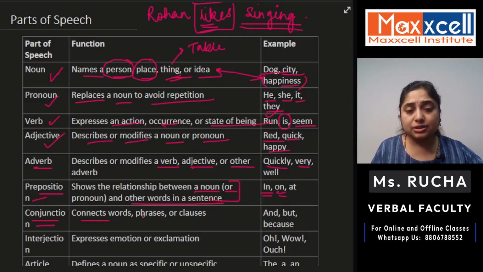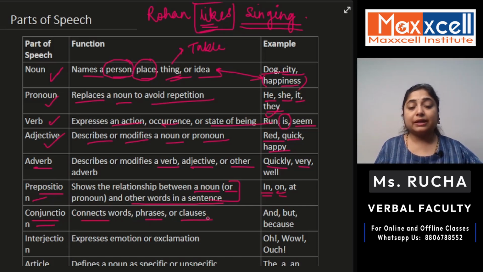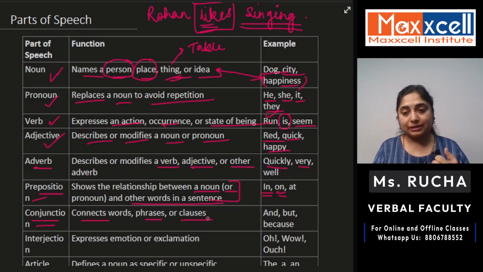What is conjunction? Conjunctions, you guys know. These conjunctions are basically words, phrases or clause that will add two ideas, right? Rita is a good cook and a beautiful artist. Two different ideas about Rita are told here, and both the ideas are connected with the help of word and, right?